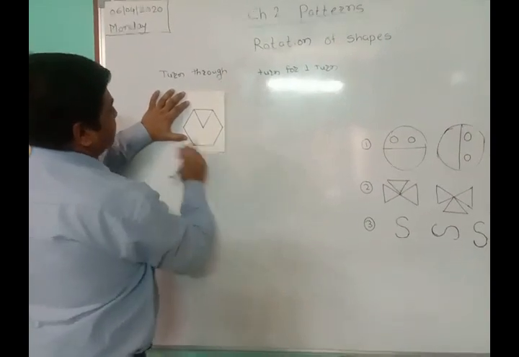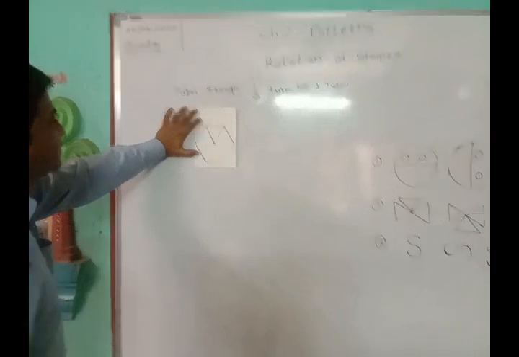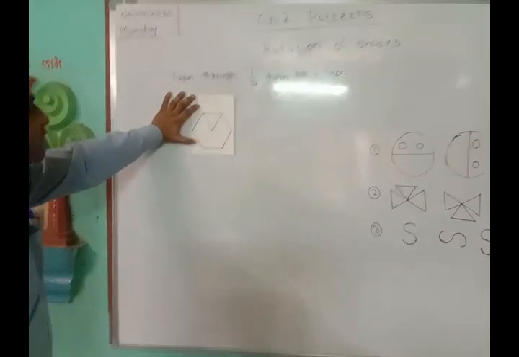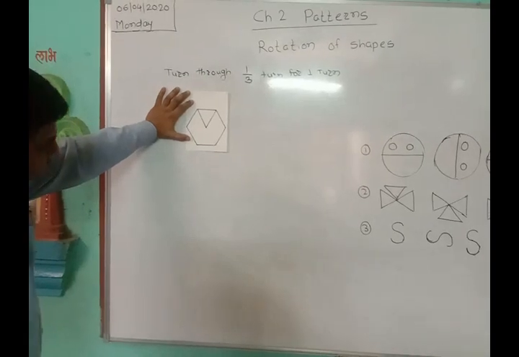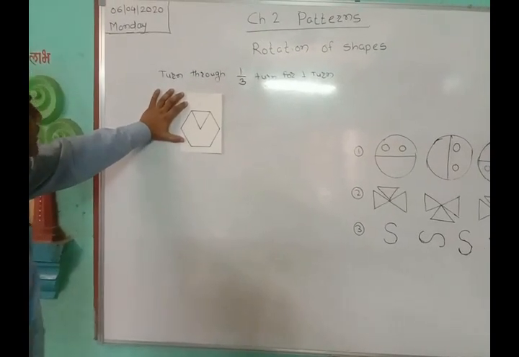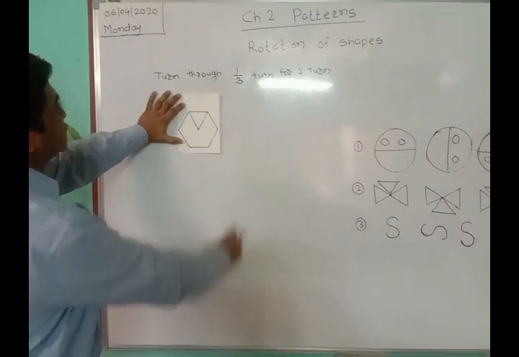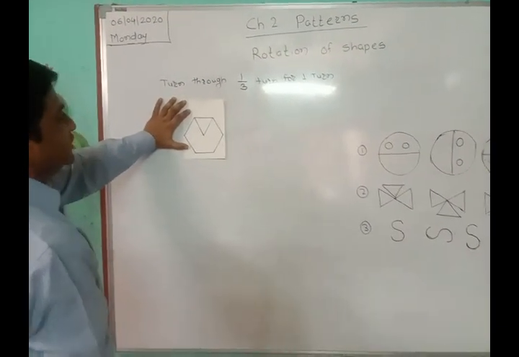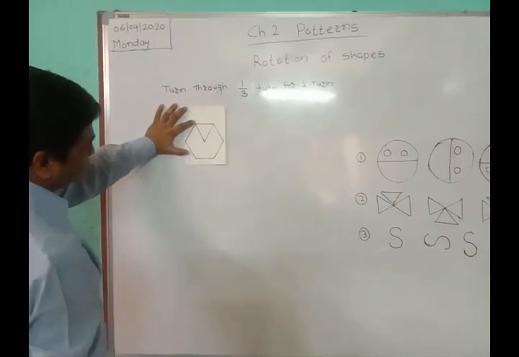We have a regular hexagon with an equilateral triangle on one of its sides on the inside, and we are told that we are going to turn it through 1/3 of a turn for one turn in the clockwise direction.